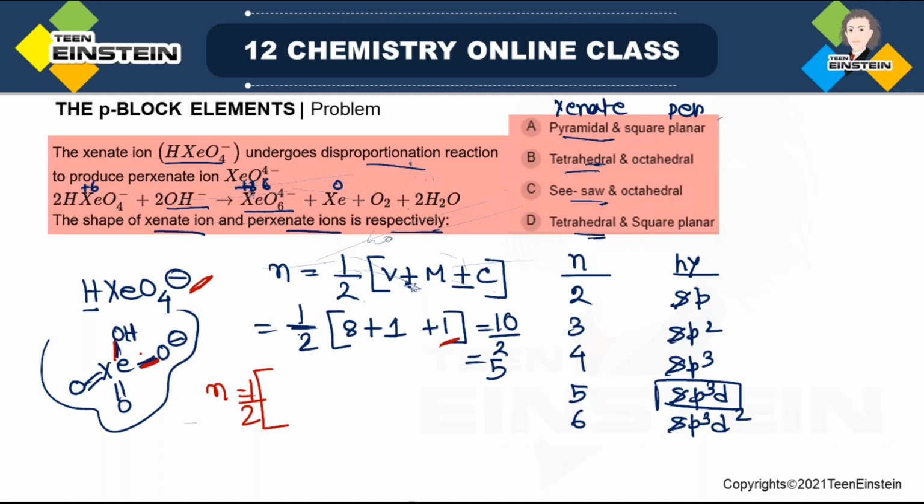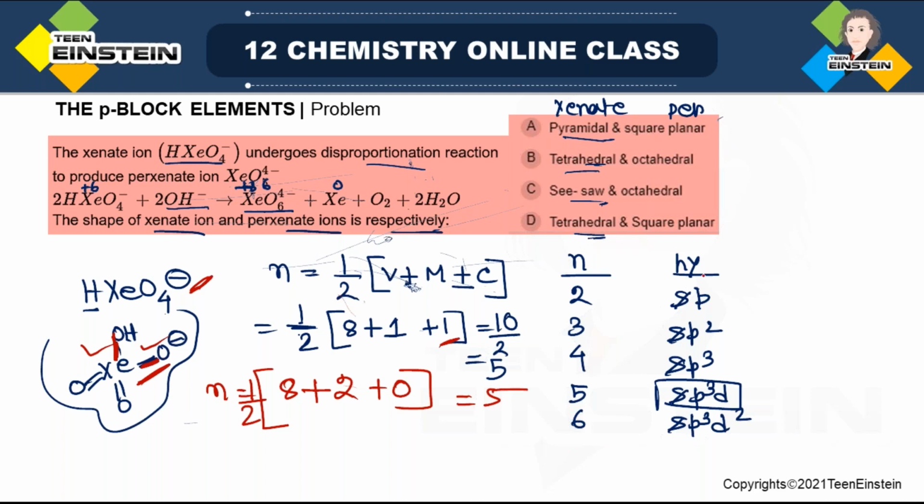But in that case, you cannot consider this bond as a double bond, you cannot consider it as single. So there is only one single bond present. But when we are not considering the charge, the calculation will be 8 plus 2 monovalent atoms attached, that is both these bonds, and right now charge is not considered. So now it is also the same, that is sp3d.